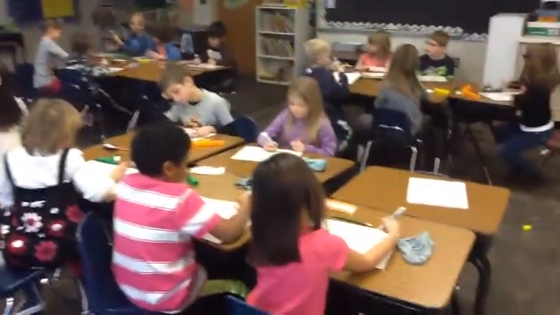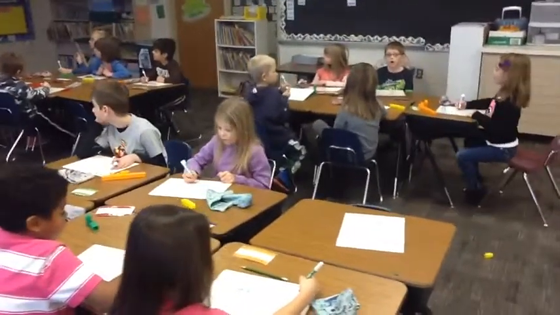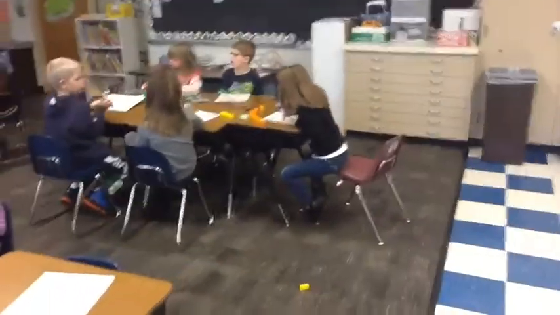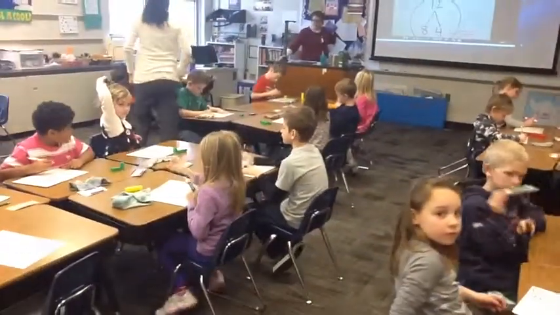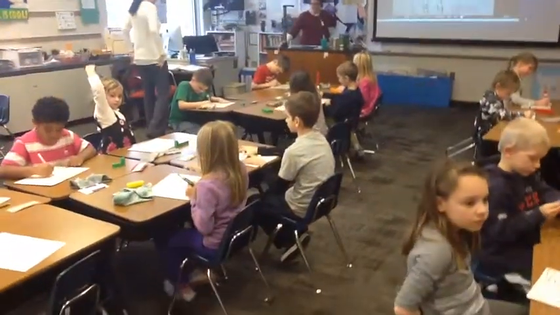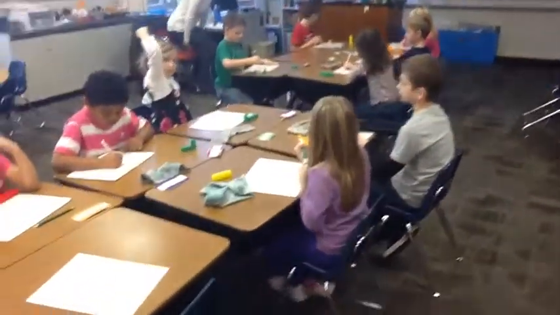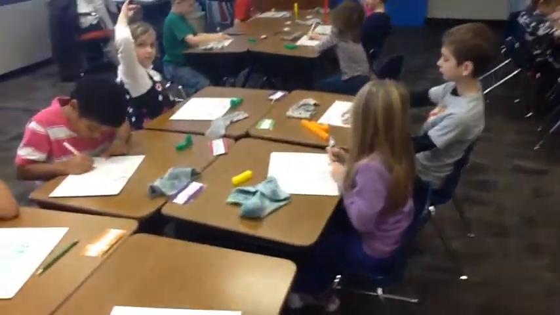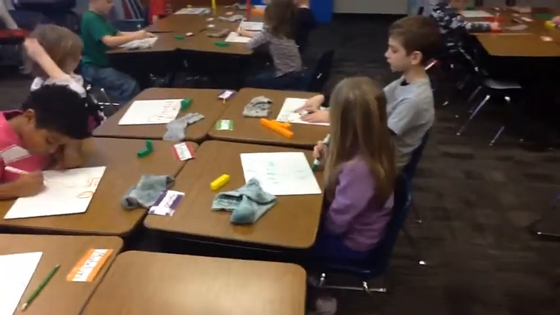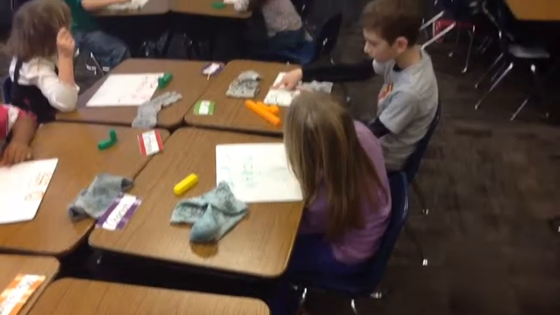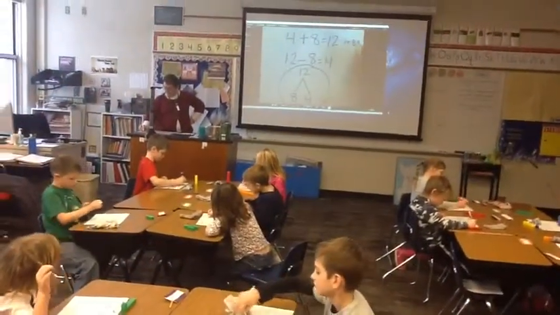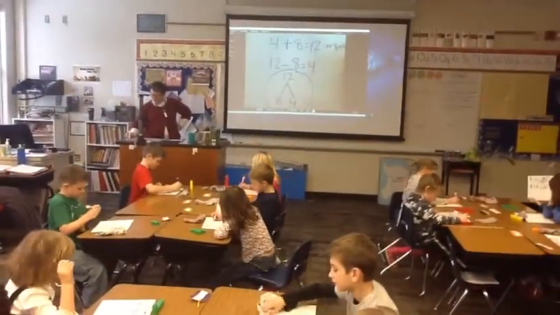Now, if I have this number bond, can I turn that number bond into an addition sentence? What would it say, Charlotte? It would say 4 plus 8 equals 12. Could it say 8 plus 4 equals 12? Yeah. Because in addition, we can switch those around, can't we?